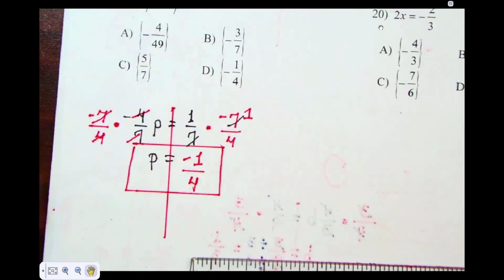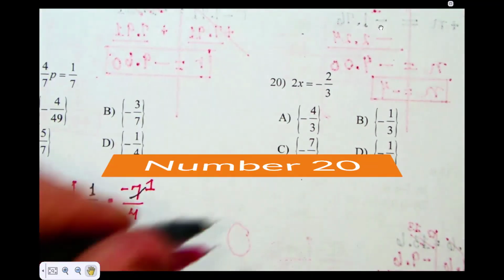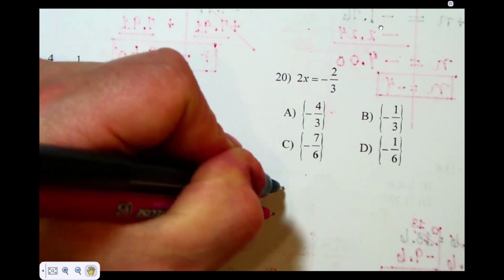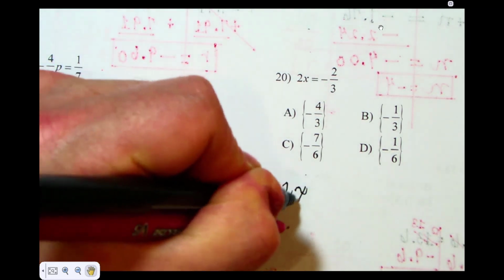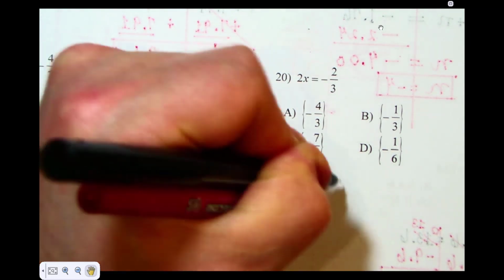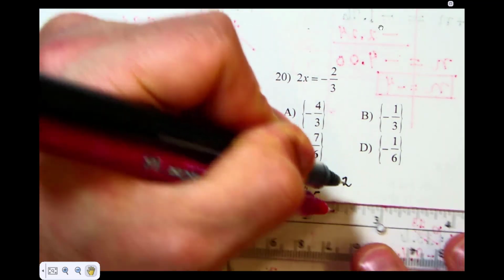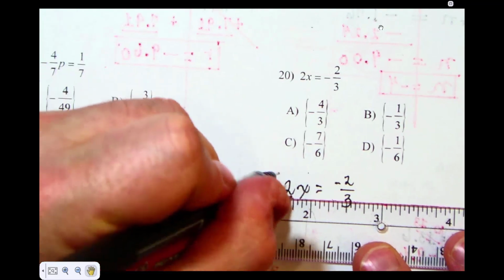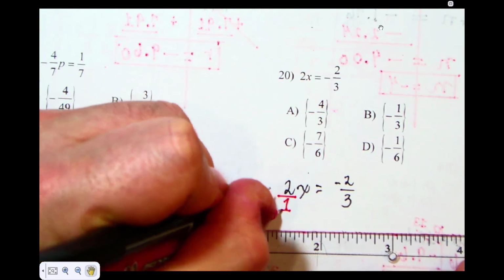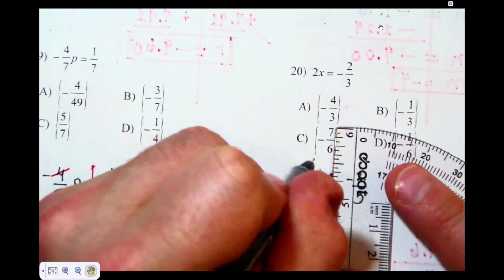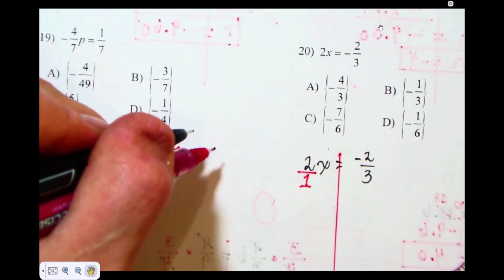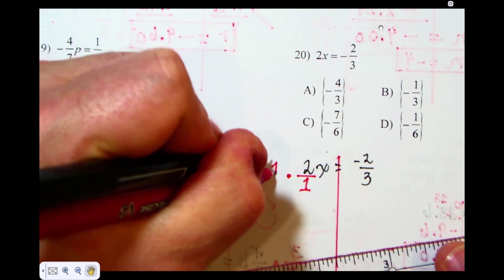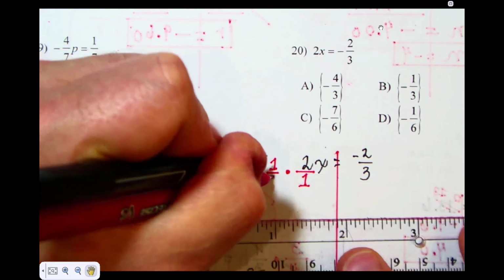And our final problem, ladies and gentlemen, you've made it to number 20. 2x equals negative 2 over 3. Well, remember, it's 2 over 1x. So if you do that 2 over 1, you won't make the mistake. Just flip it. 1 over 2.